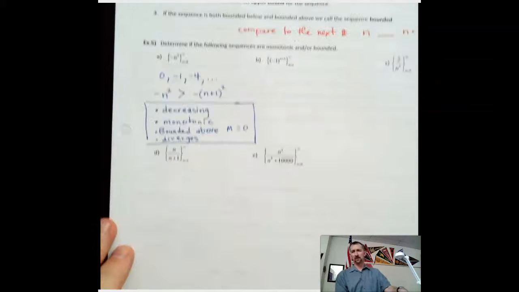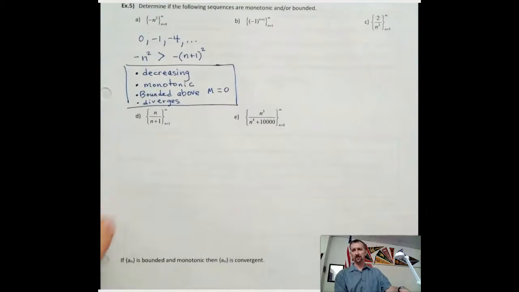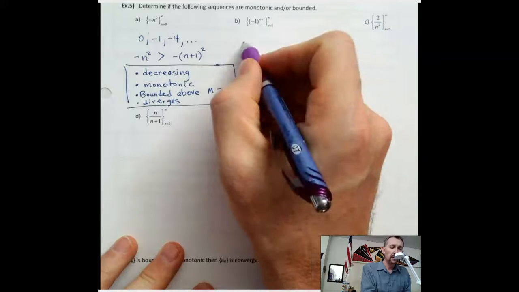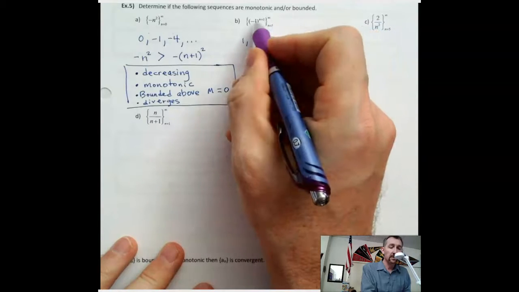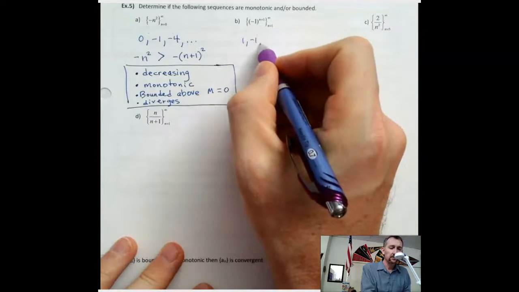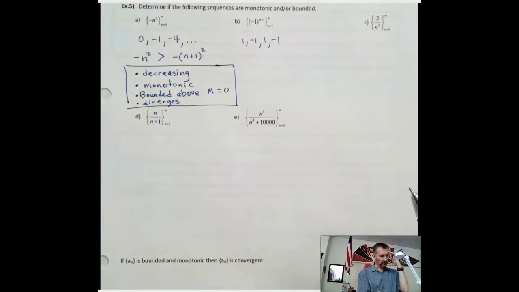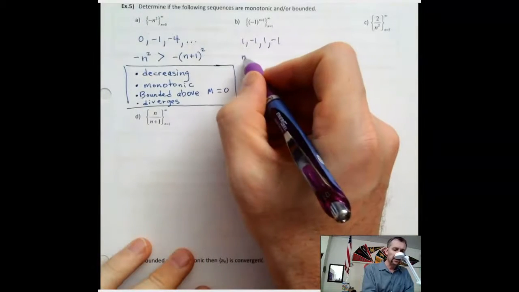All right, so let's try it again. If we plug 1 in there, we get +1. If we plug 2 in there, we get -1, then +1, -1. So that's not increasing or decreasing.